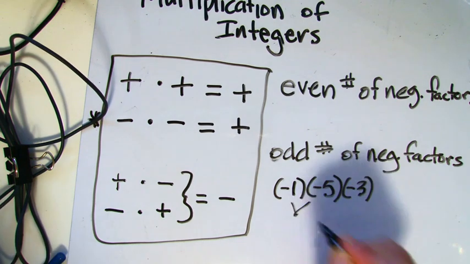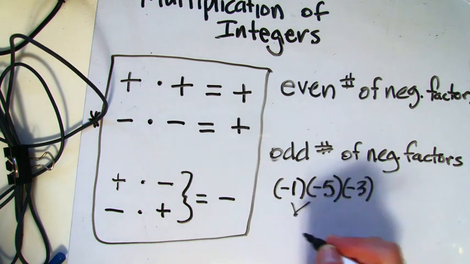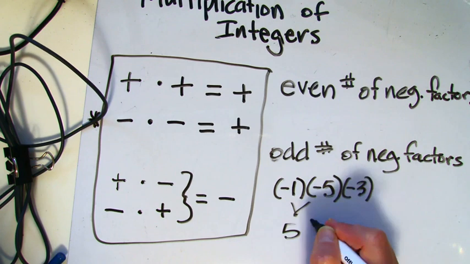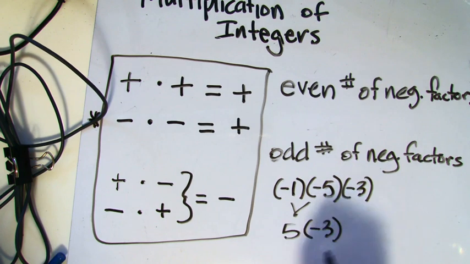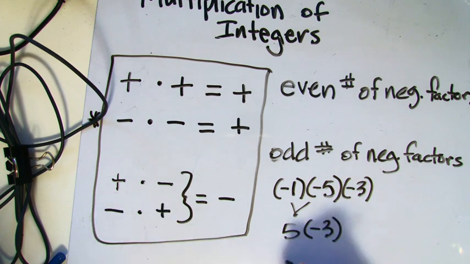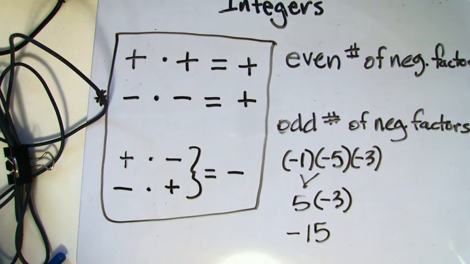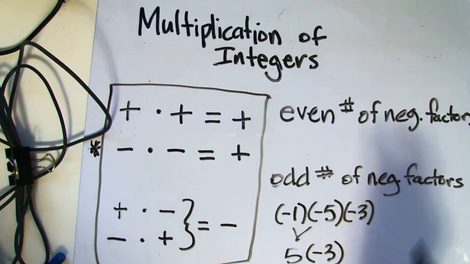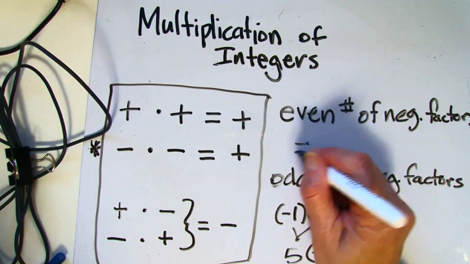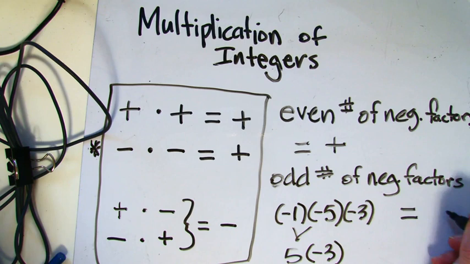Again, we're going to solve left to right. -1 times -5, that's this scenario. We're going to get a +5. Bring down what's left. 5 times -3, that's over here. We're going to get a -15. Okay, so if you want to fill in what you're going to get, the product will be positive, and in this case, the product will be negative.